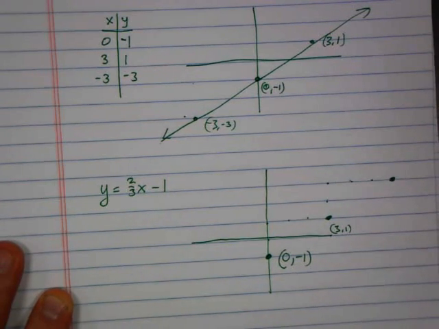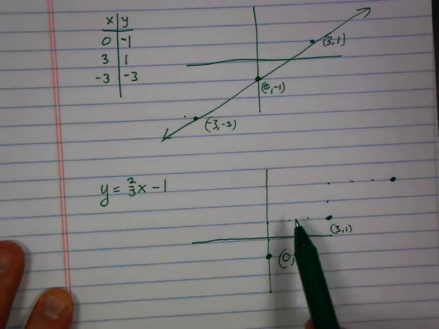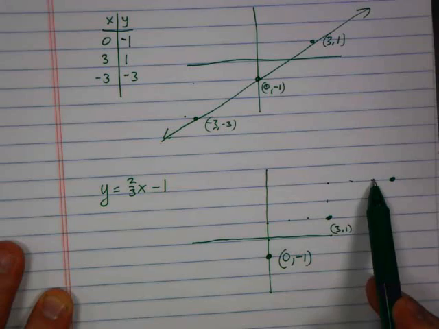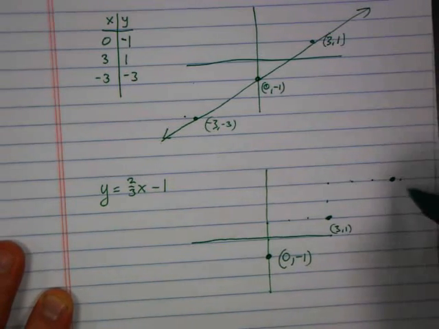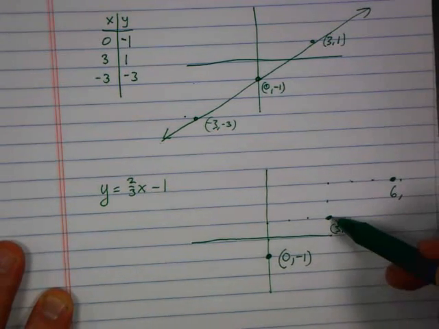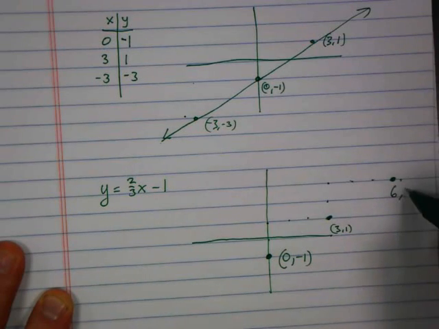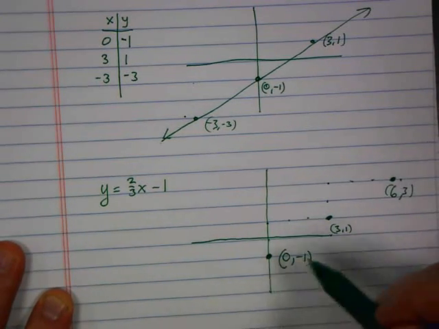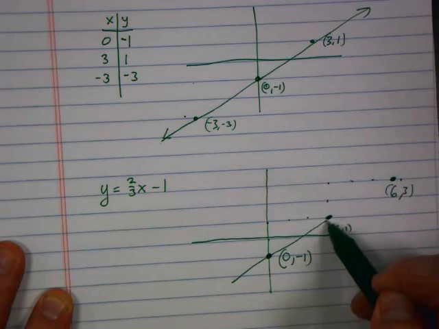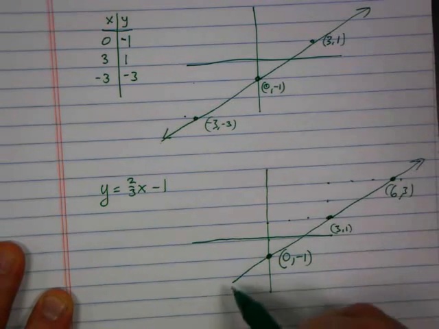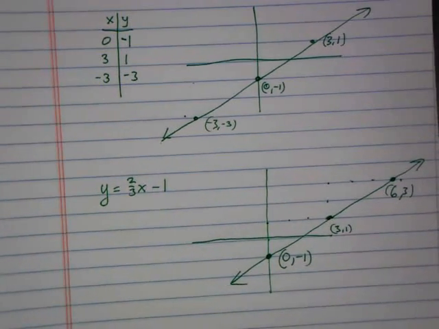What would that point be? 6, 3. There's 1, 2, 3, 4, 5, 6 dots that way, and we've gone up 2 more, so that's 6, 3. And that was the quicker, easier way. Once we understood slope and intercept, it was much quicker to just do that than to plug in numbers.